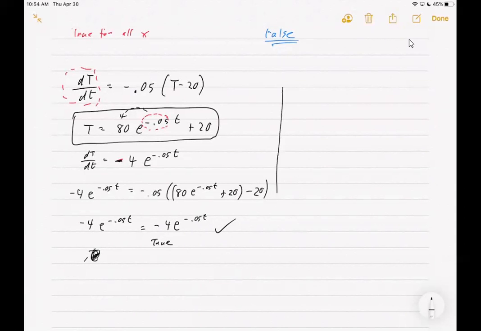All right. Let's go back and look at one that is not a solution. So let's just try, what if we had tried T equals negative 0.05t plus 20? Well, that's nice because the derivative is easier to take. That's the derivative.